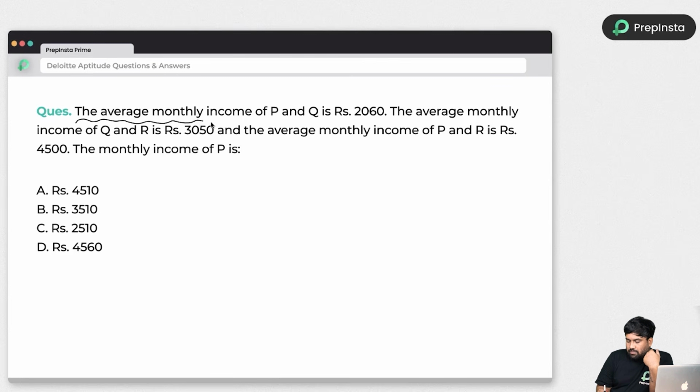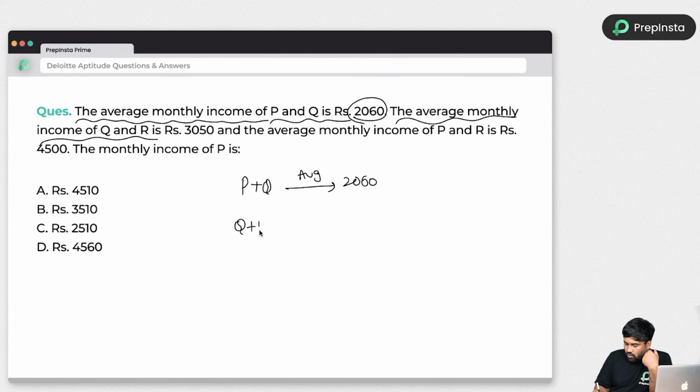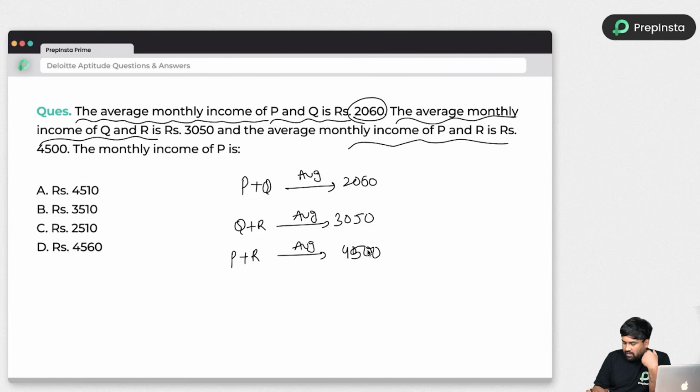The average monthly income of P and Q is 2060, so the P plus Q average is 2060, and the average monthly income of Q and R is 3050, and the monthly income of P and R average is 4500.